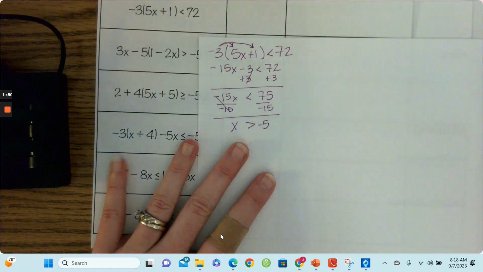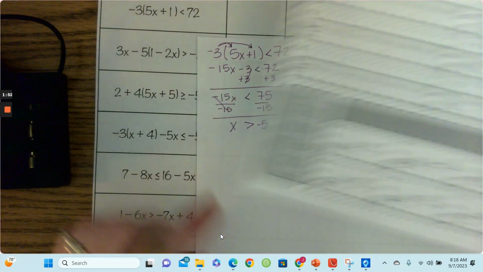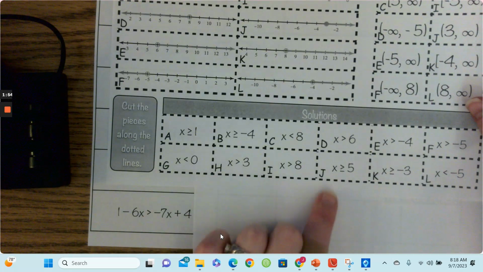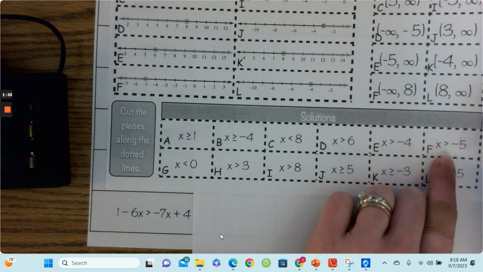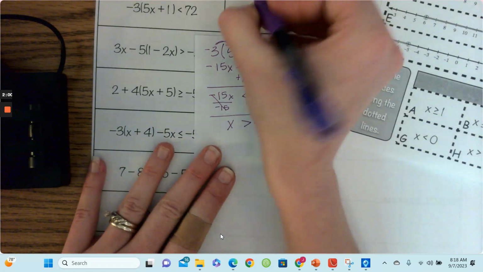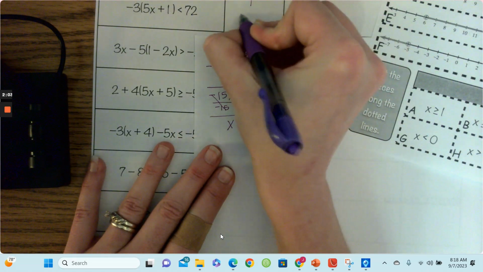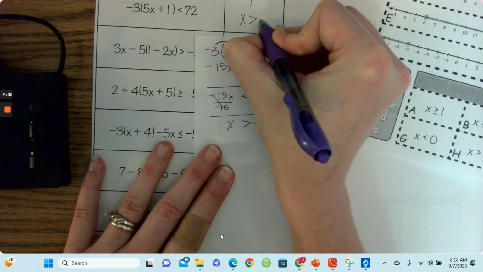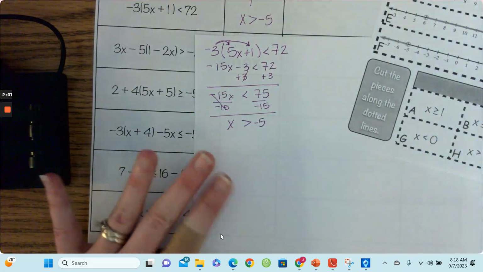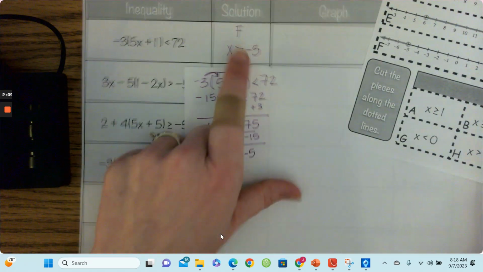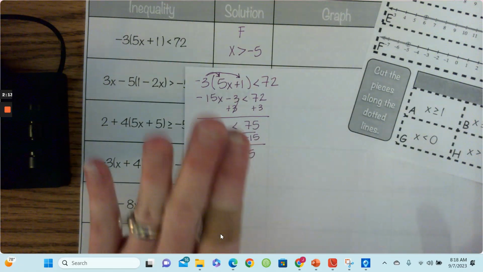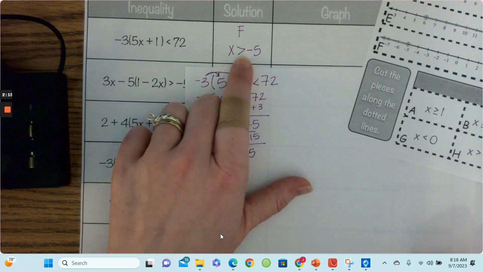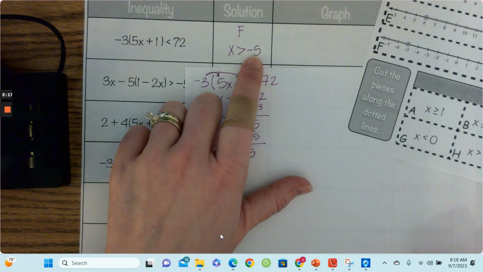So, on this page, F, is that the right one? Okay, so that's this solution. The only one that I'm not going to make you write the actual answer in is the graph. What this says is x is greater than or equal to -5.